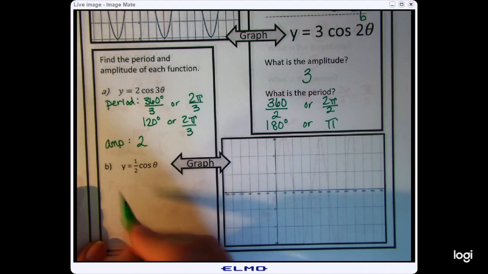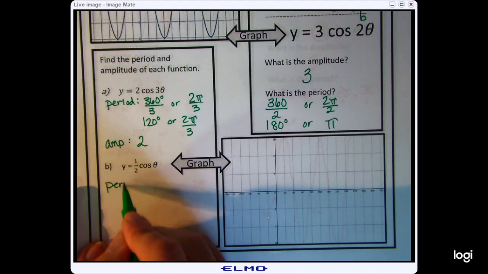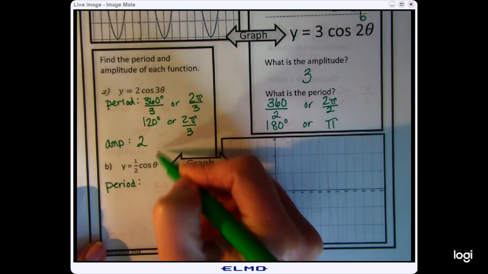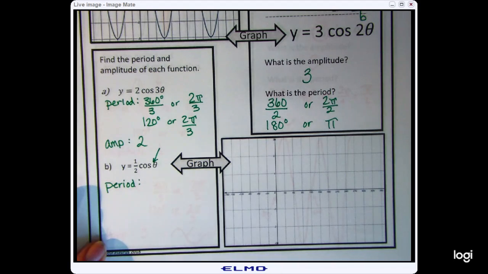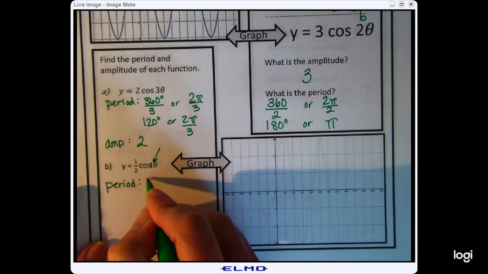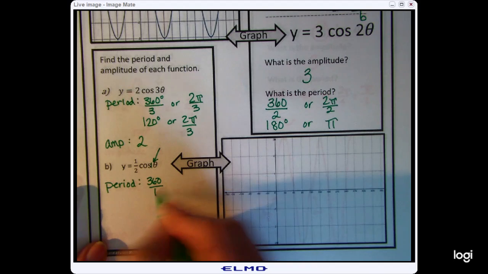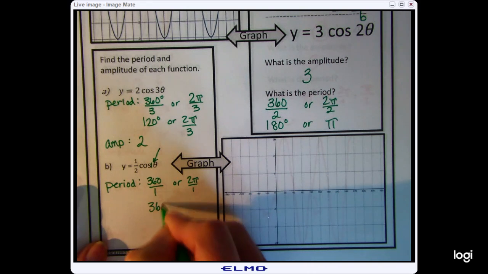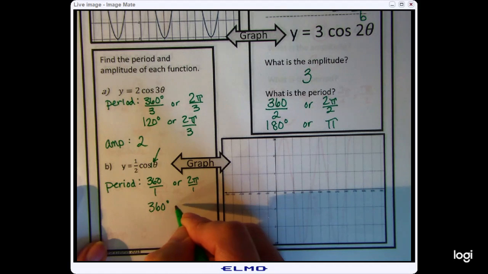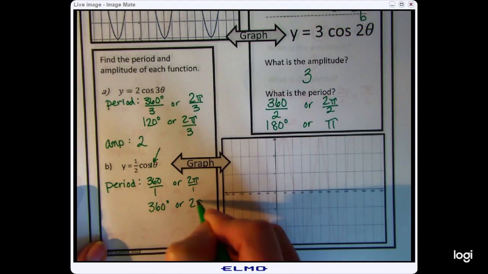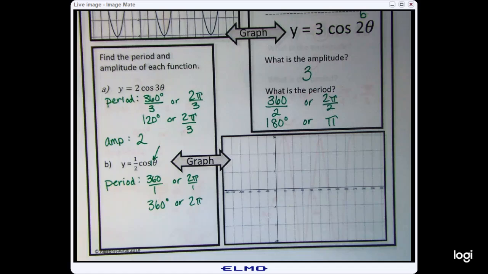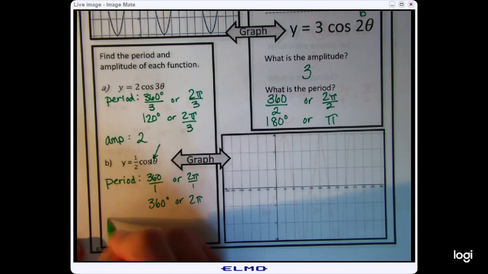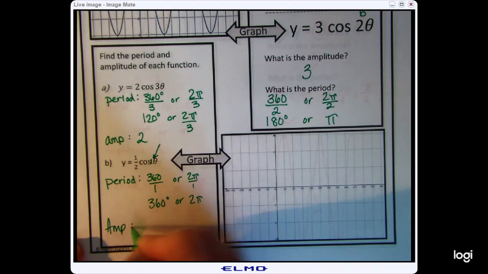Cosine, period. Let's see, what's in front of theta right now? It's a 1. So 360 divided by 1, or 2 pi divided by 1, we have 1 cosine cycle every 360, or 2 pi radians. And what's my amplitude? My amplitude is half.